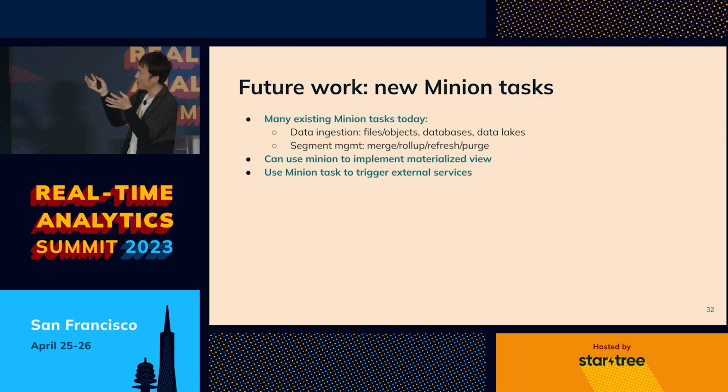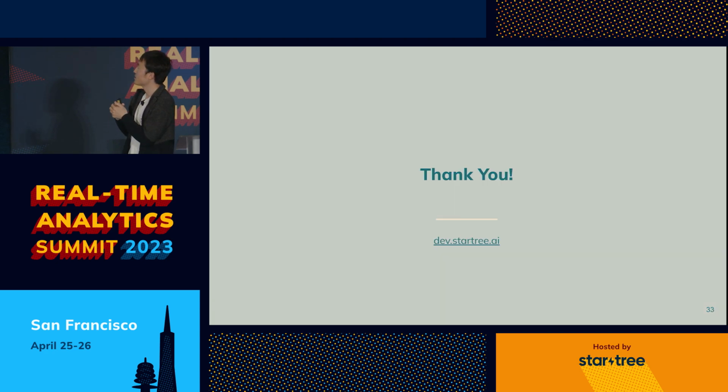So essentially, we can think about using Minion to integrate Pinot into a much larger ecosystem. That's the second. That's about the future work, and that's all we prepared for today's talk.